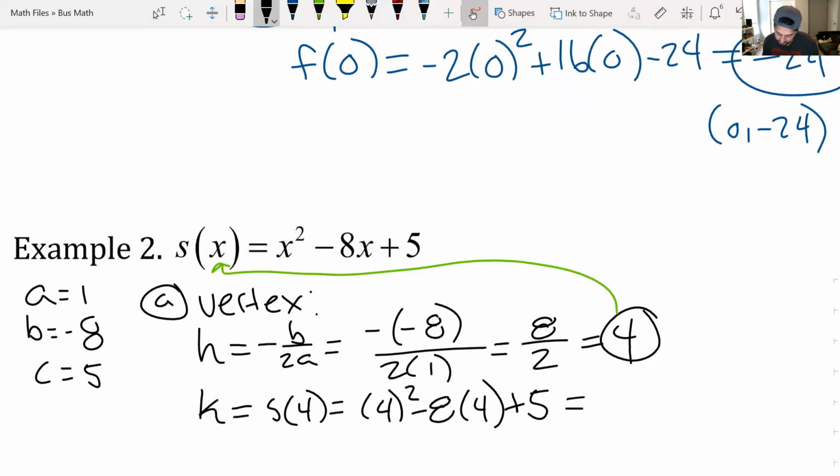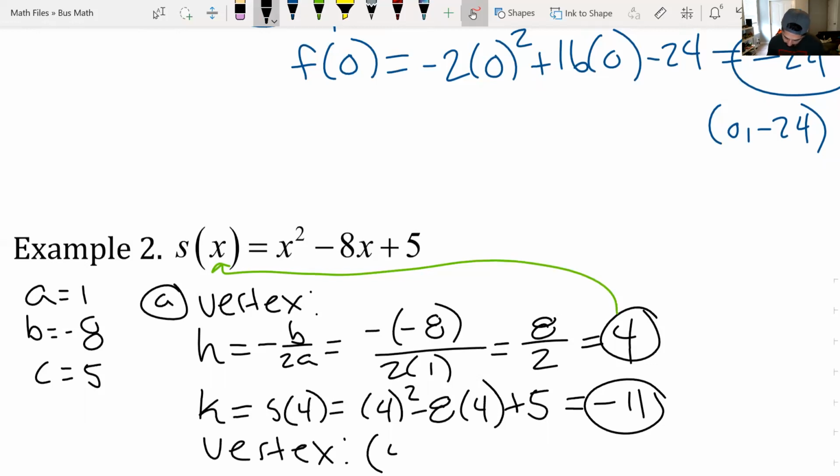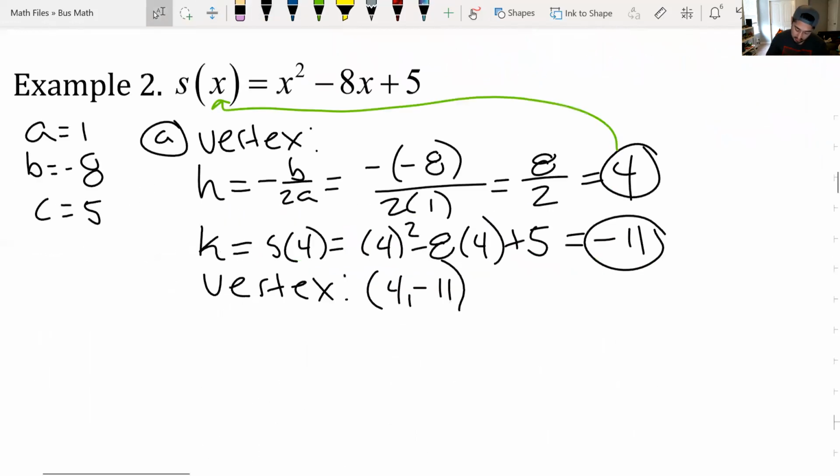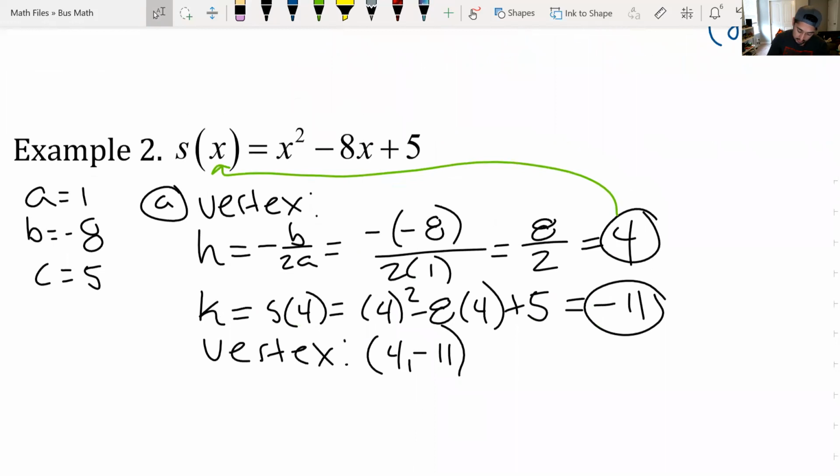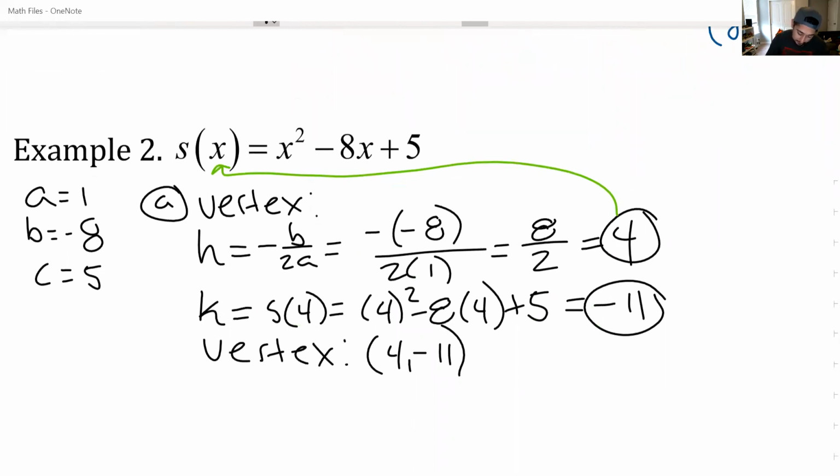I get negative 11. Which means that I have my K value, right? Yep. Okay, so now we have our vertex at 4, negative 11. Okay. Moving on. Step B.